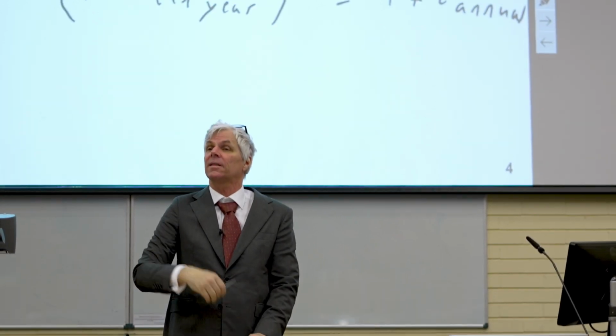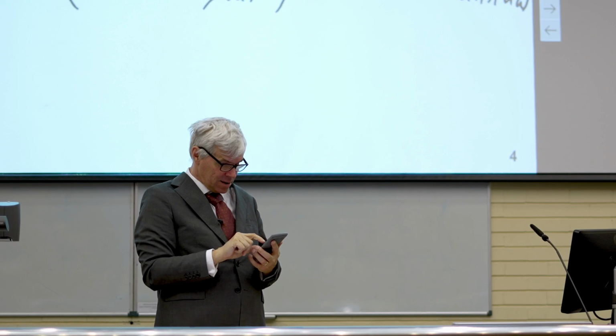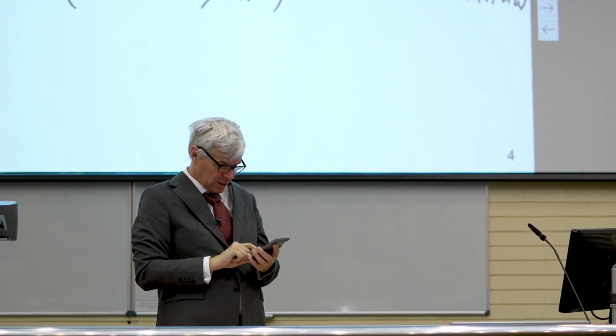So, to do this, we would take the 10th root of this. So this is going to be taking the 10th root of both sides: 1 plus I 10-year to the 1/10th power is equal to 1 plus I annual. So we can do that.